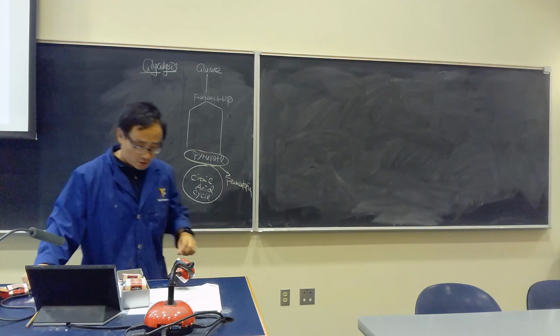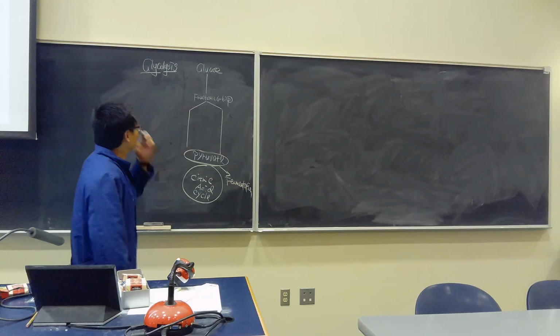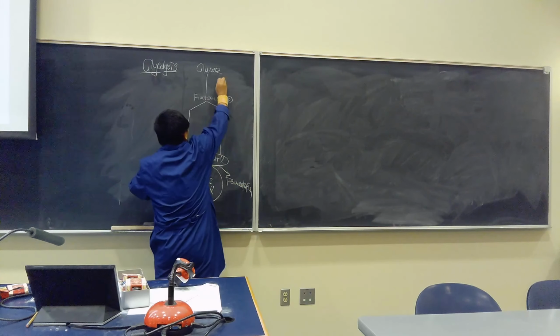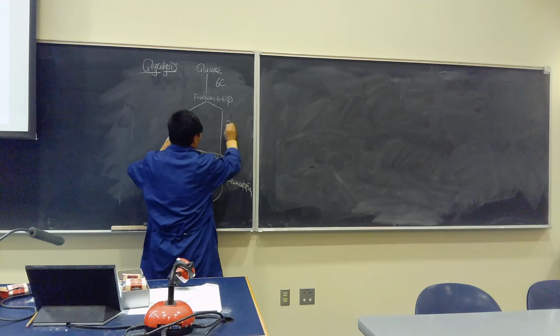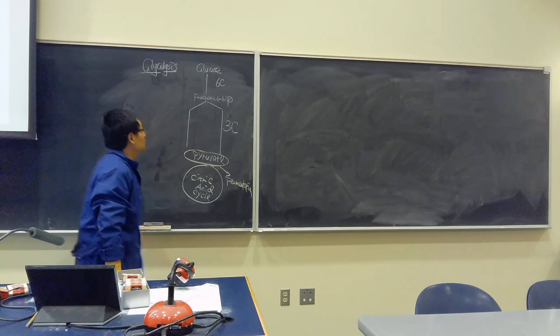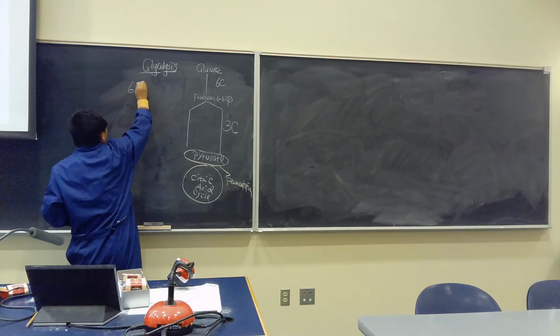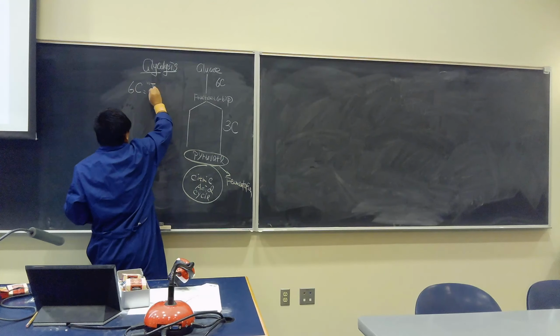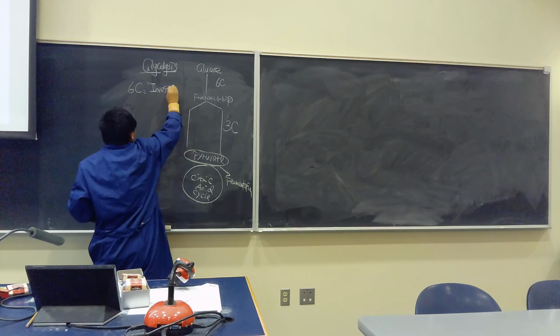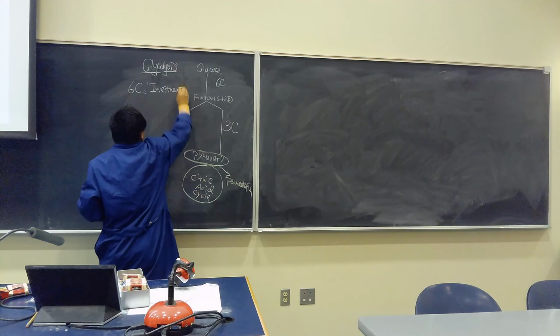So this section is called glycolysis. There are two stages of glycolysis. On the top, the 6-carbon area. Bottom, the 3-carbon section. And we also call the 6-carbon area the investment. What do we mean by investment?